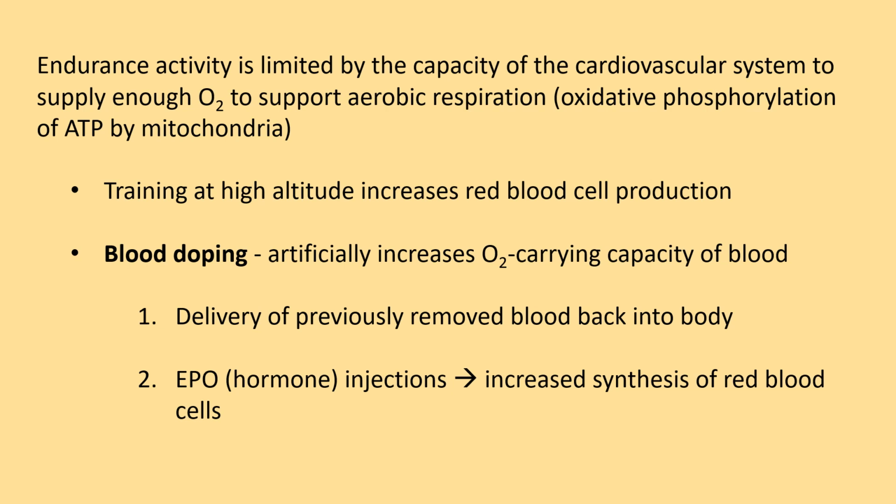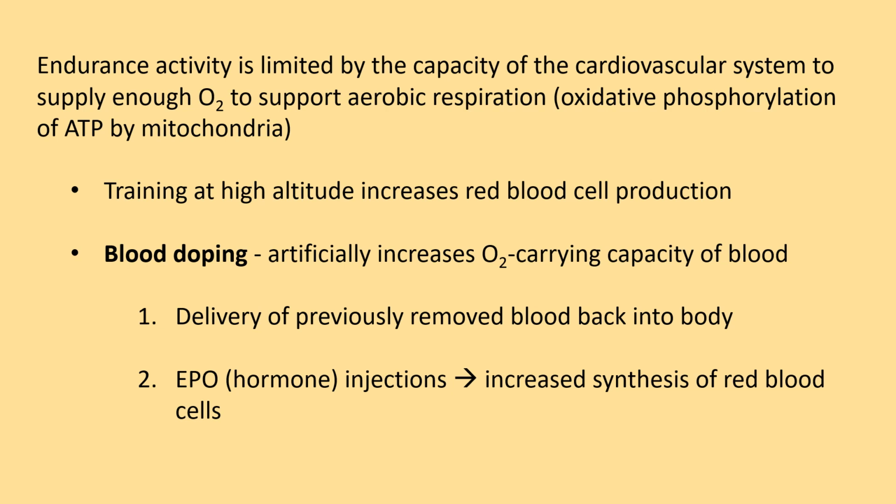And then number two, that's a newer invention, and there are all sorts of forms of this, where hormones that signal to cells that make up red bone marrow, these hormones cause the cells in red bone marrow to produce more red blood cells. And the primary hormone that's responsible for that is called EPO.